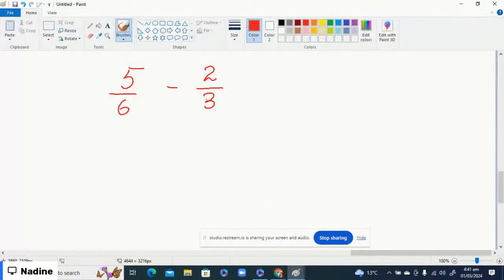To make the other one equal, we write 2 by 3, multiply and divide with which number to get 6? 3 times 2 is 6. Multiply the numerator also by 2: 2 times 2 is 4.